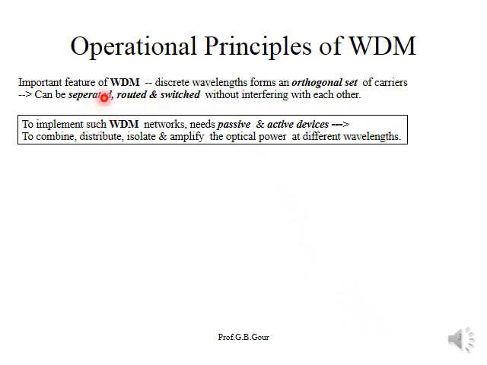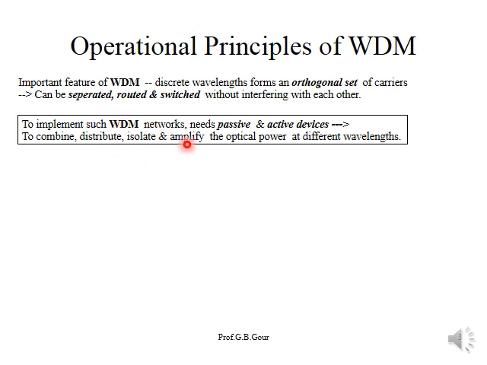Because we are now able to transmit more than one wavelength, we need to combine them. We need a multiplexer on the transmitter side, and on the contrary, on the receiver side we need to distribute them, so a demultiplexer is required at the receiver side.